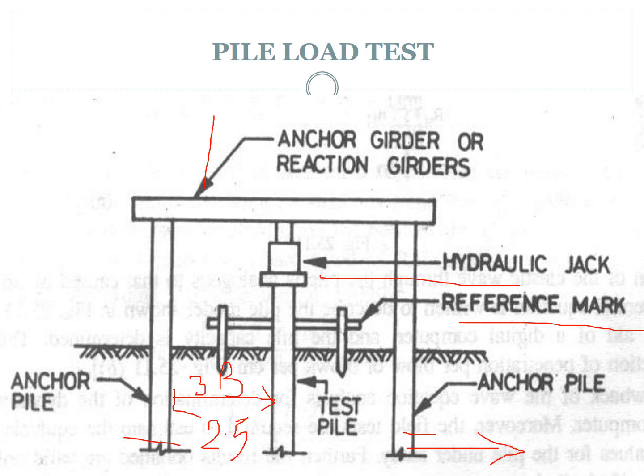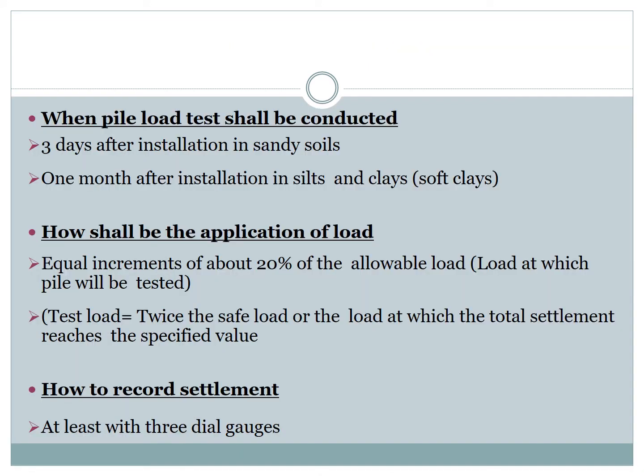Then the load is removed in the same decrements at 1 hour intervals, and the final rebound is recorded 24 hours after the entire load is removed. So here is the procedure of how to apply the load, when the test is conducted, and how to record the settlement, which I already discussed in previous slides.